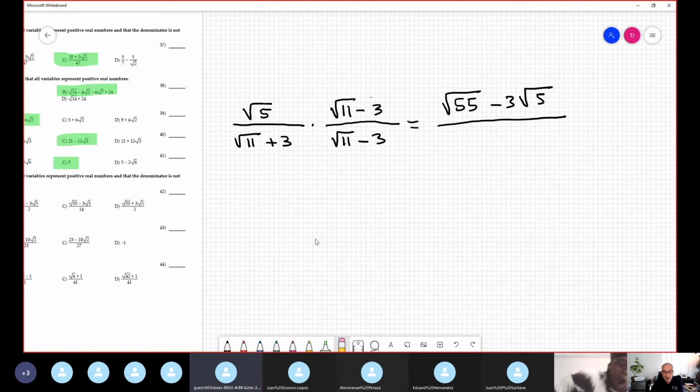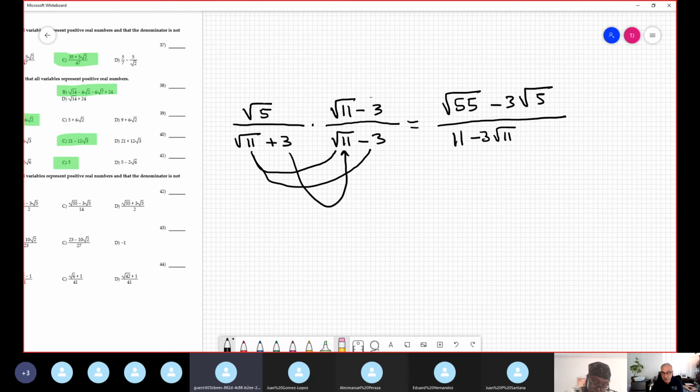The bottom part, well, again, foil. Radical 11 times radical 11 is 11 without radical. Radical 11 times minus 3 is minus 3 radical 11. Positive 3 times 11 is positive 3 radical 11. And 3 times negative 3 is negative 9. As always happens, when you multiply a conjugate, that part can contain radical is cancelled.